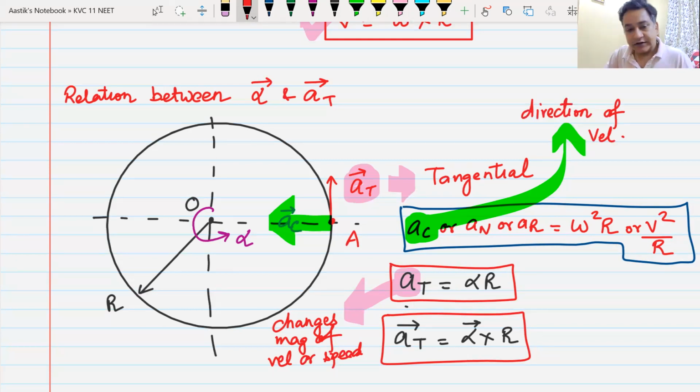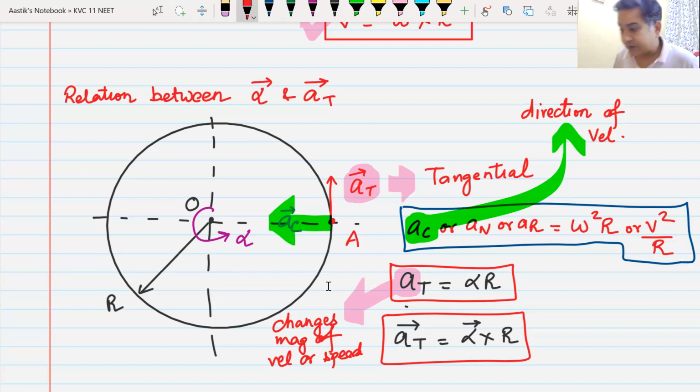Remember these. And the last formula that you have to do is this. Formula number 4: A centripetal or A normal or A radial is omega squared r. The last formula is total acceleration A is under root of at square plus an or ac square.